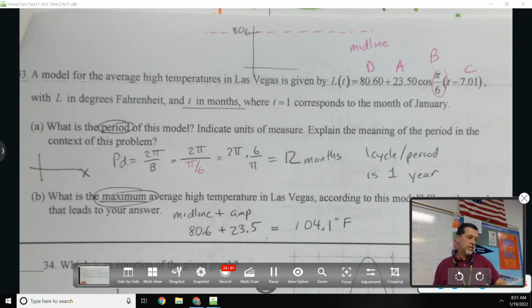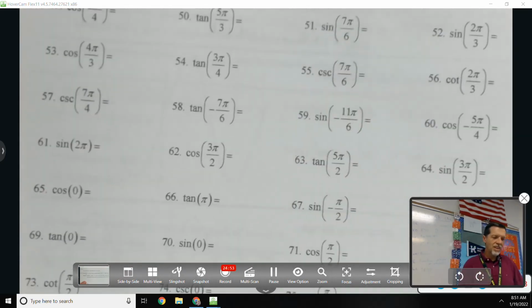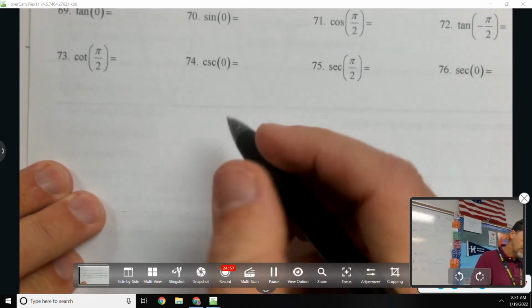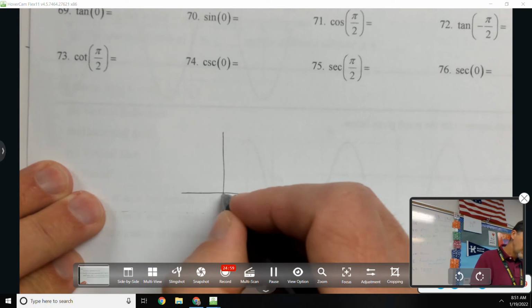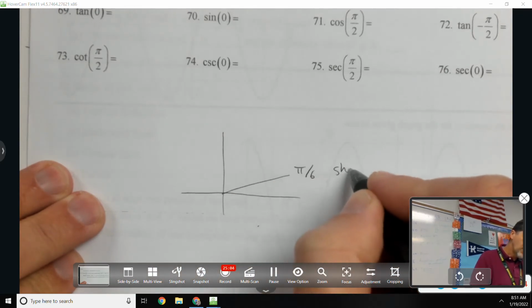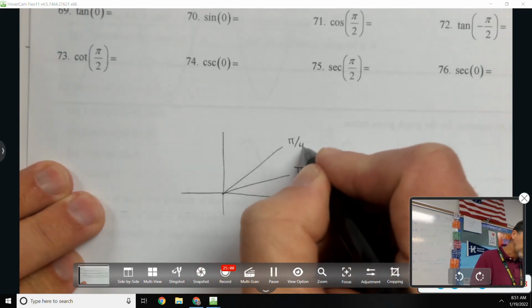What else? Do we need to do some unit circle problems? Just to review, short side, long side. Let's just do a quick review down here at the bottom. All the over 6s are the shallow. All the over 4s are the mediums in the middle.